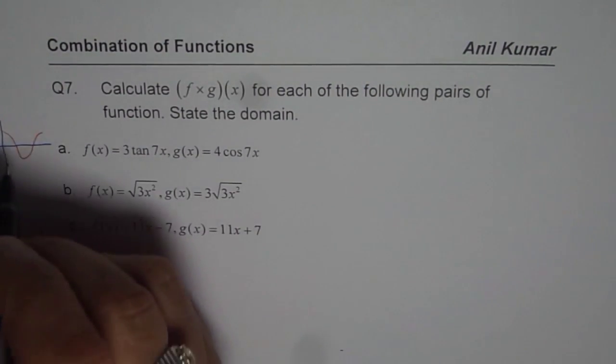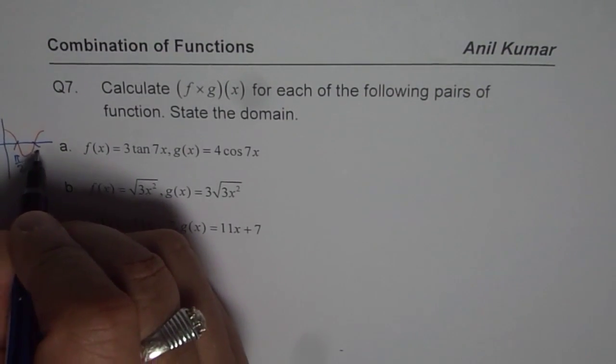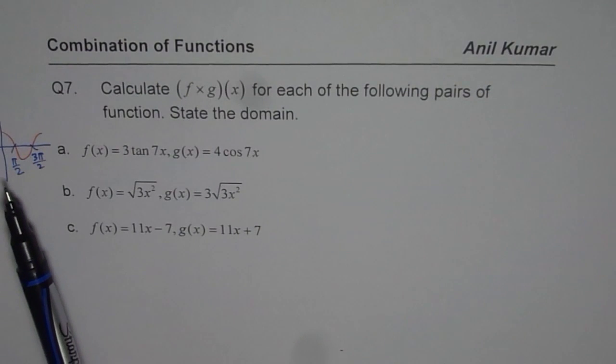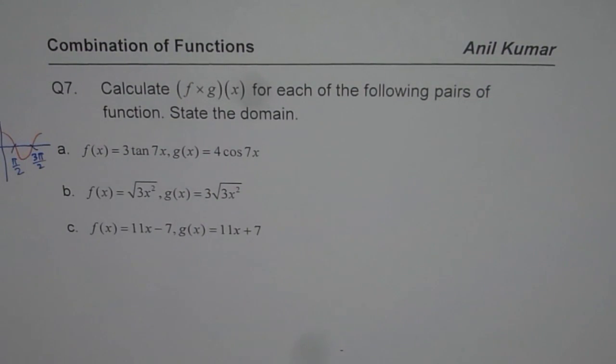Sine over cos is tan. These are the 2 points, pi by 2 and 3 pi by 2, for which tan is not defined, right? So as far as domain is concerned, pi by 2 plus or minus n pi is not in the domain. That is very important for you to understand, because f of x is not valid in that particular domain, right?